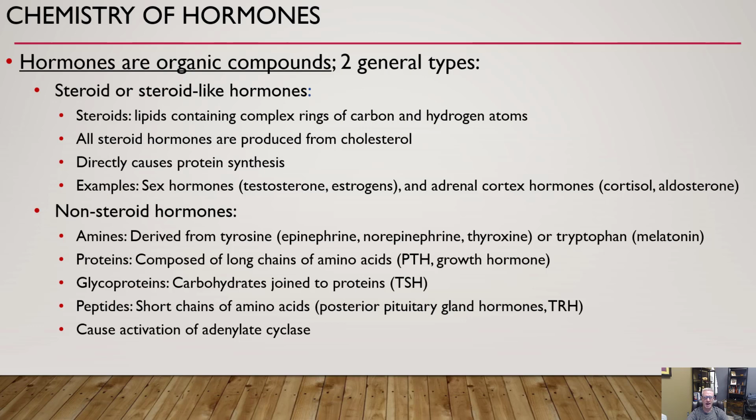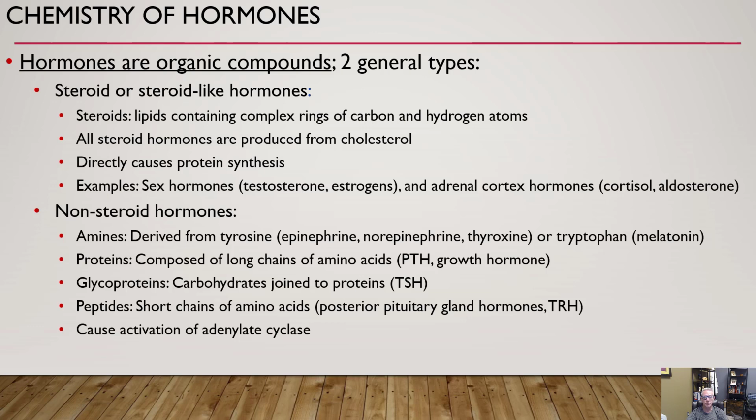Non-steroid hormones have different categories. Amines are derived from tyrosine, which is an amino acid, hence the name amine, such as epinephrine, norepinephrine, and thyroxine, or they can be derived from tryptophan, another amino acid, such as melatonin. Non-steroid hormones can be classified as proteins.